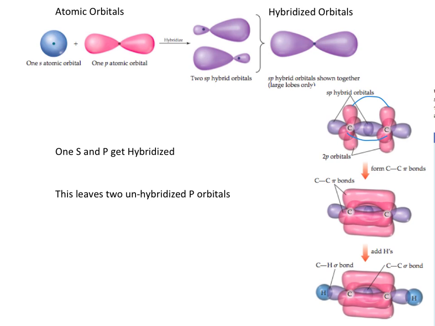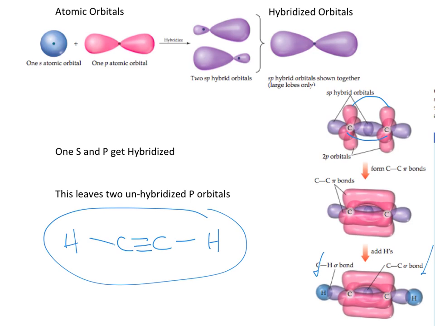Okay, so if we end up with two pi bonds on these two carbons, that means that we have a triple bond. Okay, and if we throw our hydrogens in, as we see here, we're going to end up with basically this structure here, which is acetylene. Okay, so in this situation, you have a sigma bond that's created by the overlap here.